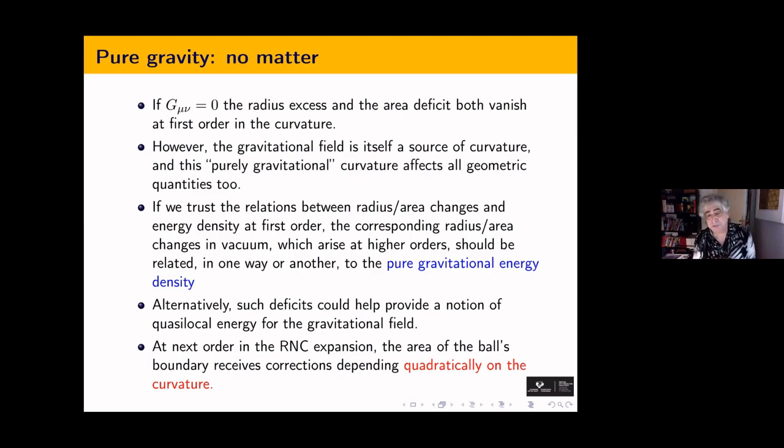Or the other way around, maybe deficits in area or radius can provide a notion of quasi-local energy. So we have to go to the next order in the Riemann normal coordinate expansion.